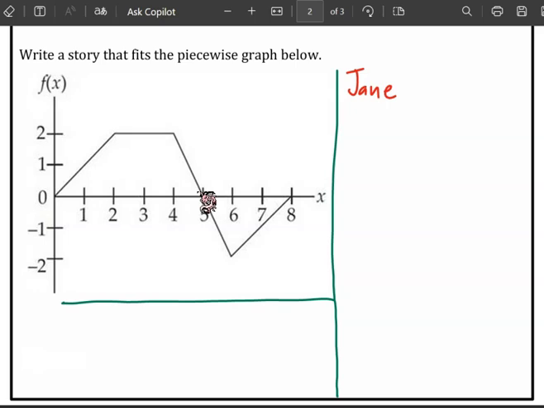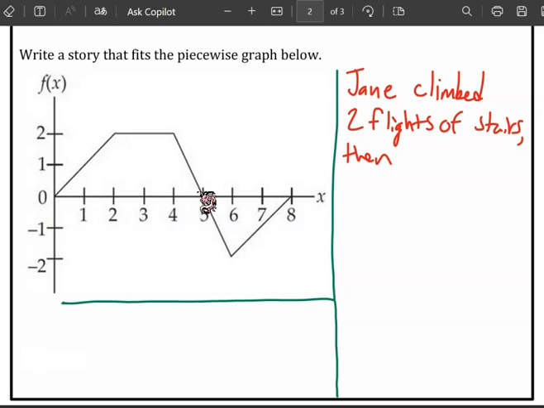Jane climbed 2 flights of stairs, then went to class.